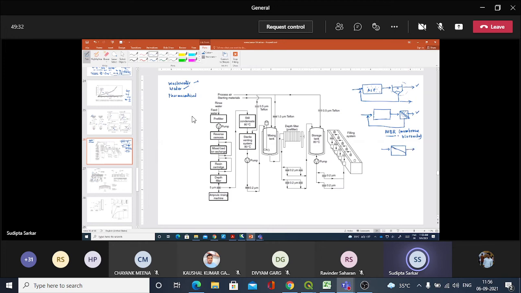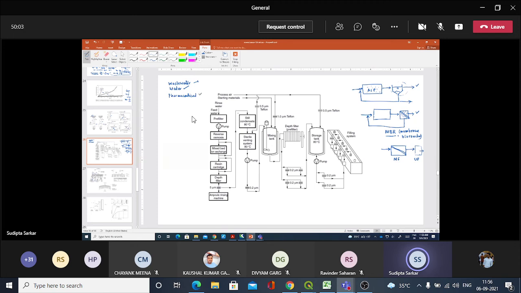It removes all the bacteria, but it cannot remove virus and smaller size molecules. So if you want to remove virus, you have to provide another filter afterwards. So we have microfiltration, and next you have to provide an ultrafiltration membrane right here so that it is completely disinfected. Okay.